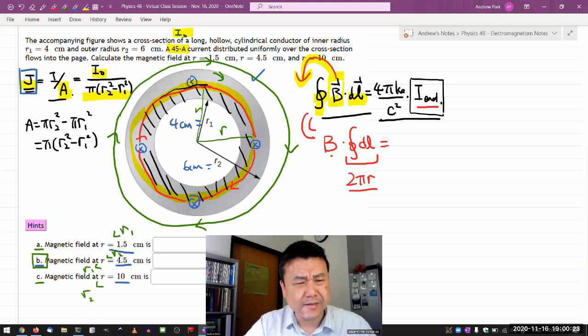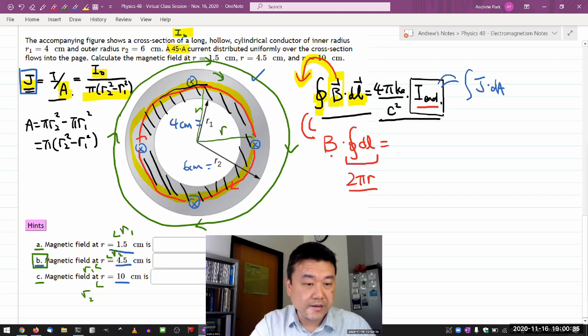other more complicated things I could do, because this is the place where you could get too formalistic. You could say the current enclosed is the surface integral of J dA, current density times the area element. So you integrate over the annulus, and that'll give you the current enclosed. But I think that's a more formalistic method than something that I need.